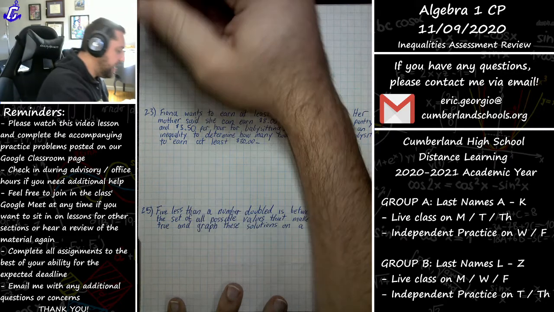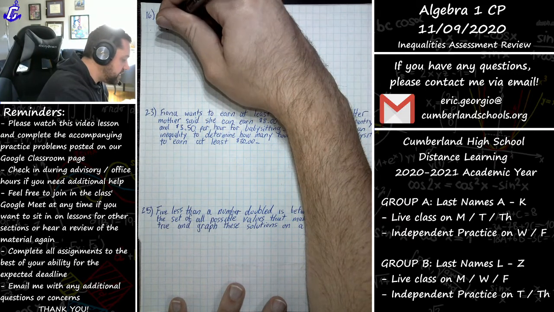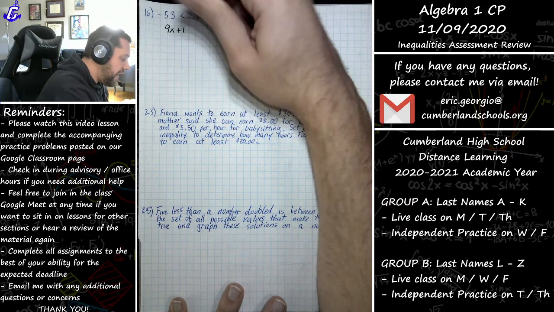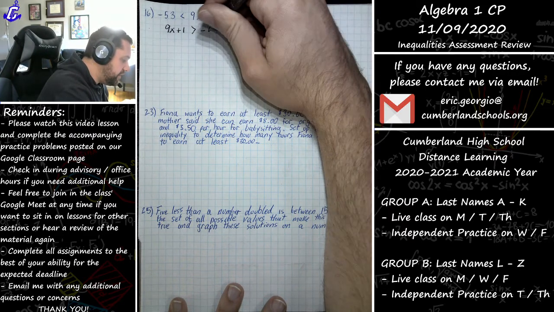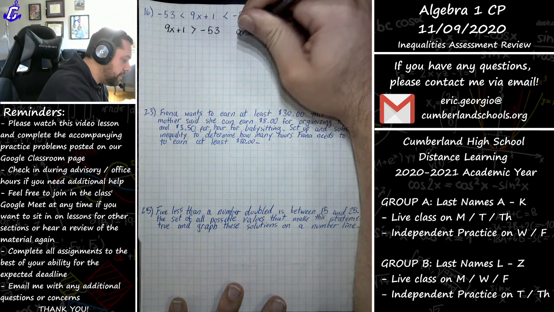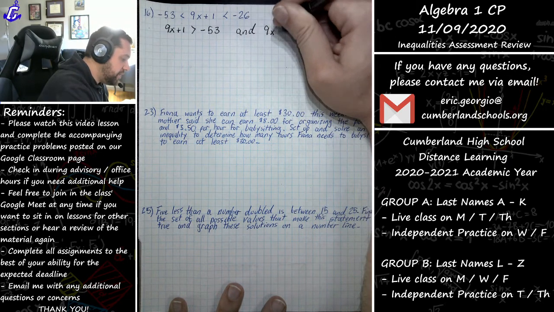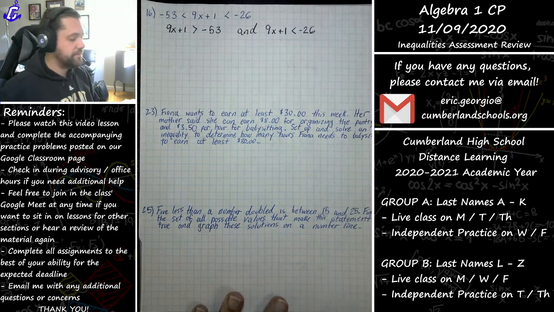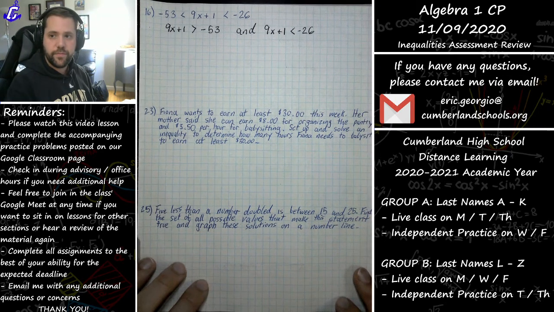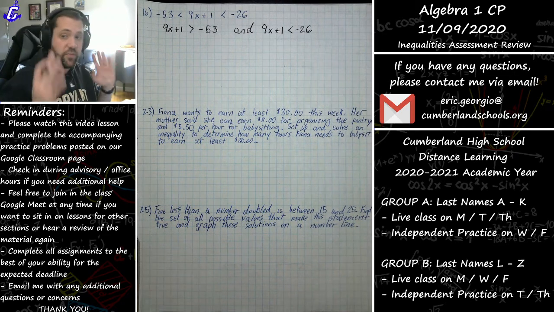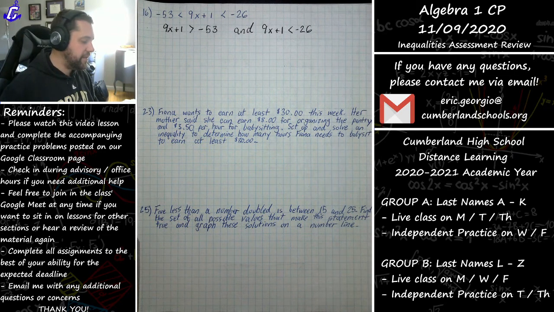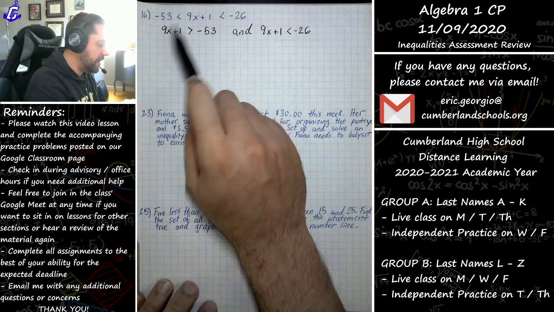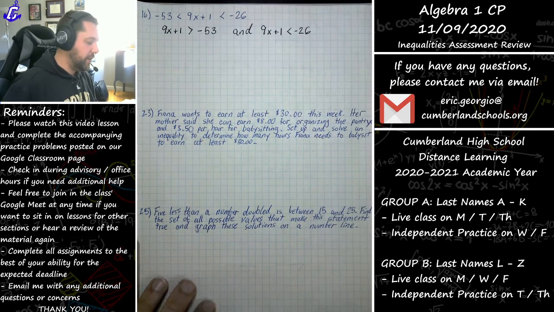So I can literally break it down that way. That makes sense, hopefully. If it's between negative 53 and negative 26, then it clearly has to be bigger than negative 53 and less than negative 26.